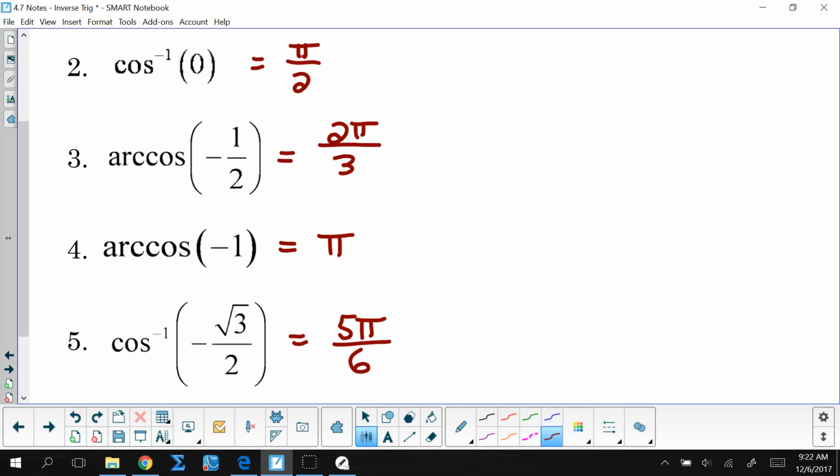What I would like you to do for the remainder of class is work on completing the pink 4.7 inverse trig functions and ACT prep packet. By now you should have most of the top half of section number 1, inverse cosine. You should be able to answer most of those questions based off of what we just did.